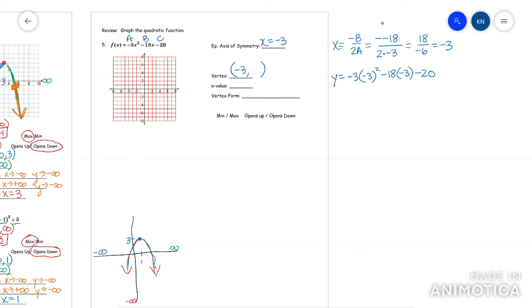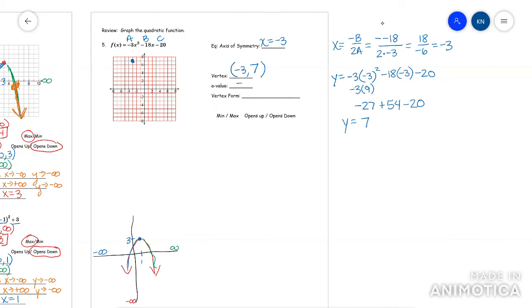So it becomes positive 9, like this. And when it gets multiplied by the negative 3, now it's negative 27. This part, negative 18 times negative 3 is a plus 54. Then the minus 20 at the end. So when it's all said and done, my y value, if you add this up, you'll get positive 7. So that means the y value of my vertex is positive 7, right here.